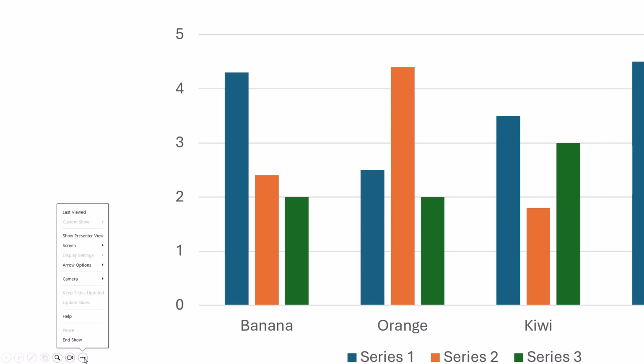And we also get these three dots that provide us with different options. For example, we can go to an empty screen if we want to add further explanations and, for example, draw or write something over here.